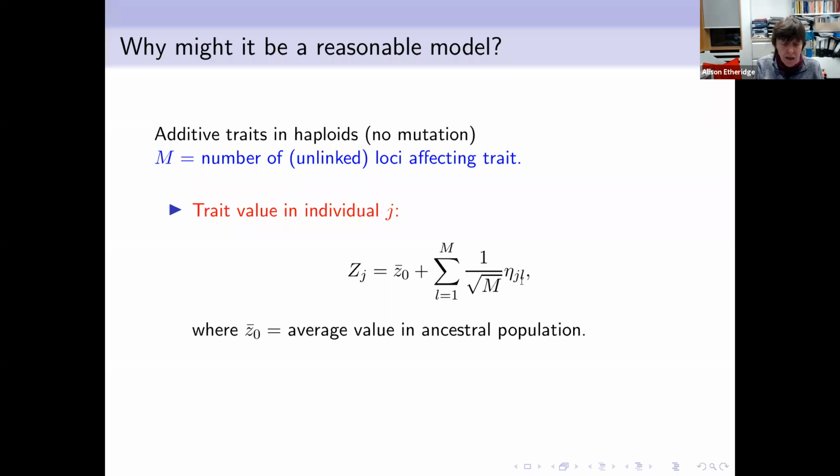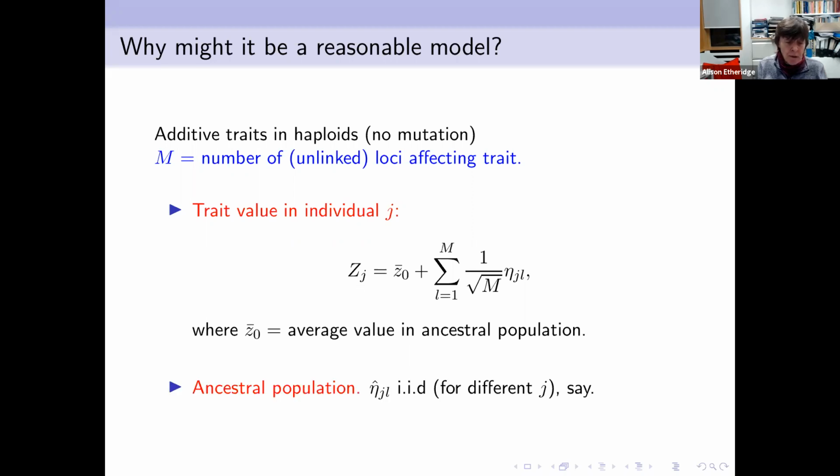So eta JL is going to be a scaled allelic effect at locus L in the jth individual. I'm always going to try to use J's and K's for individuals and L's and M's for genetic loci. And Z0 bar is the average in the ancestral population, and that's why I can take these etas to be mean 0. Okay, so that's the trait value in individual J.